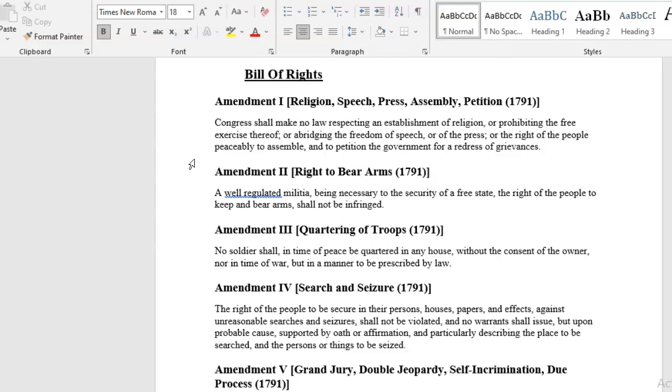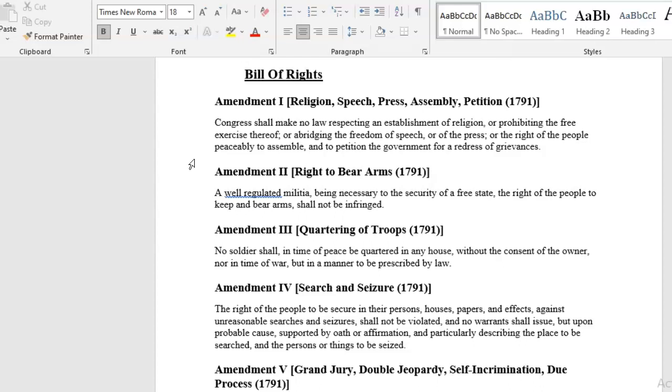So what the First Amendment actually says is: Congress shall make no law respecting the establishment of religion or prohibiting the free exercise thereof, or abridging the freedom of speech, or of the press, or the right of the people to peaceably assemble, and to petition the government for redress of grievances.